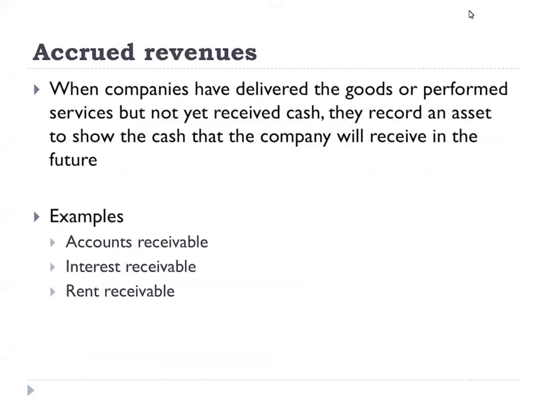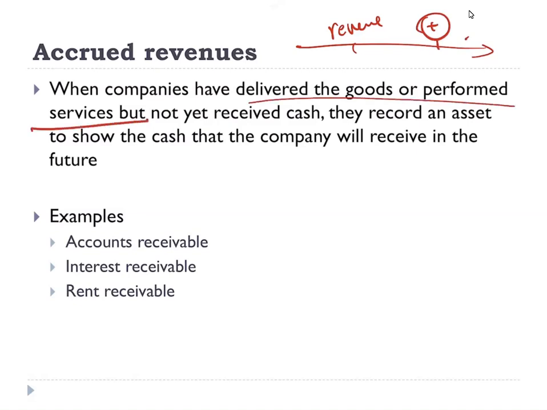And then the next kind of adjusting entry is called accrued revenue. Accrued revenue is when the revenue happens before the cash is received. So when companies have delivered the good or performed the service, that is when the revenue can be recognized. But the firm has not yet received cash.